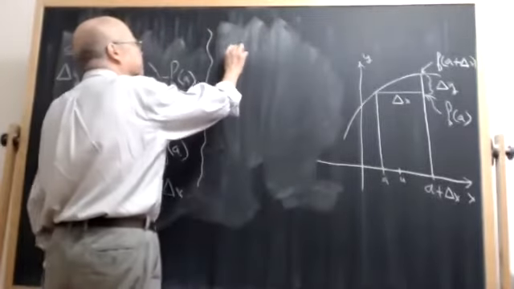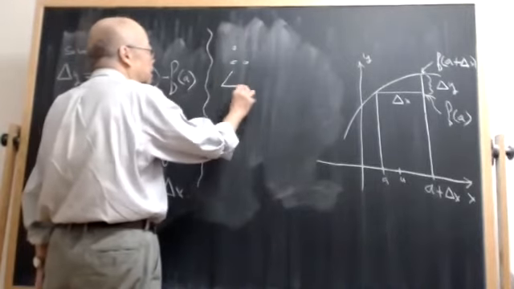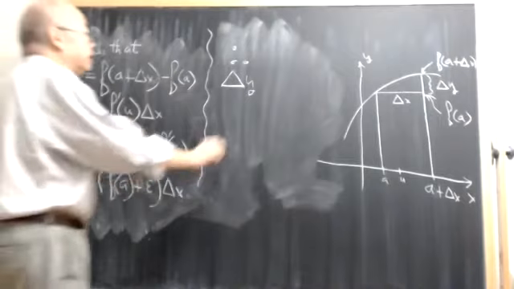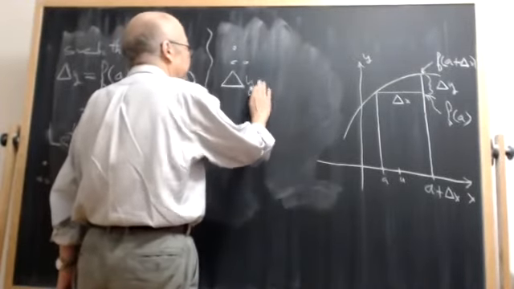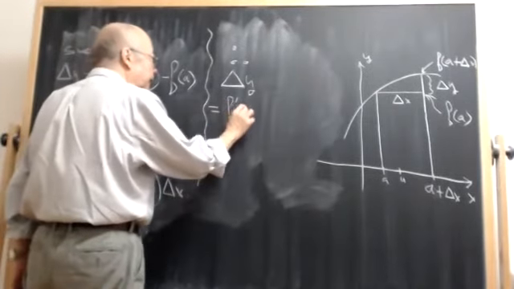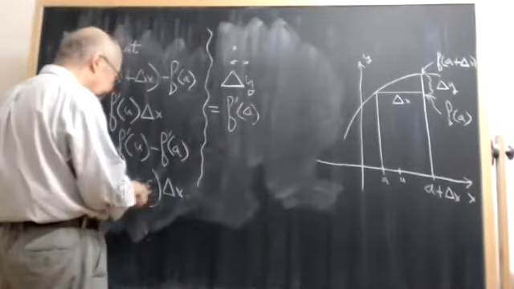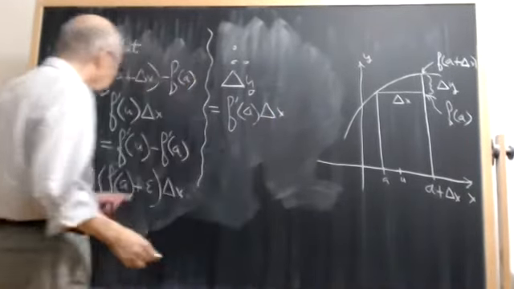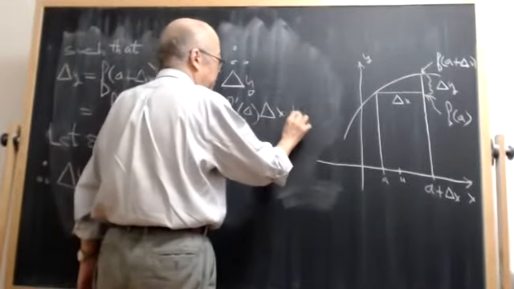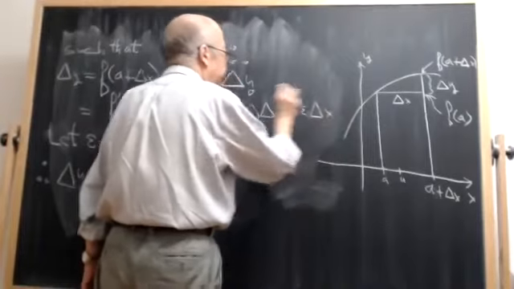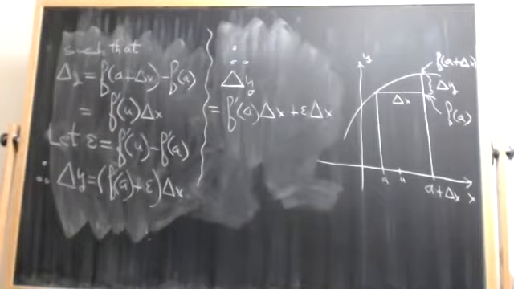Therefore, the change in y is, let me write it here, f prime a plus epsilon, but I can multiply this delta x inside, plus epsilon delta x. All right?